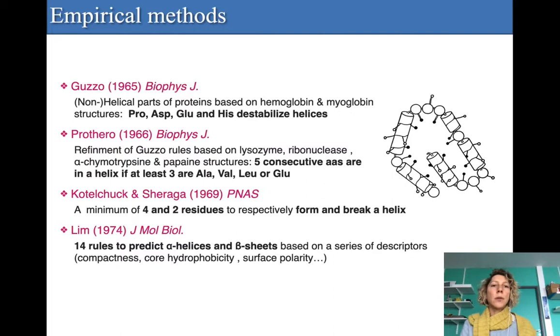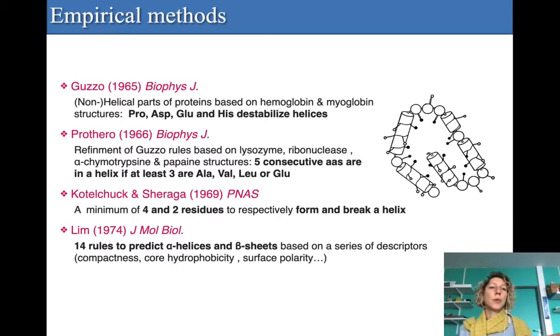Okay, so just to give you a brief history of the field, empirical methods came first, because at first we didn't have any observed data, so we didn't have any statistics. In the 60s, several papers came out trying to see preferences based on the few structures that were solved at the time.